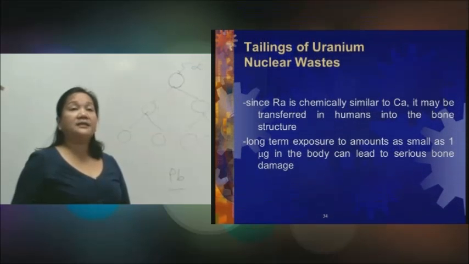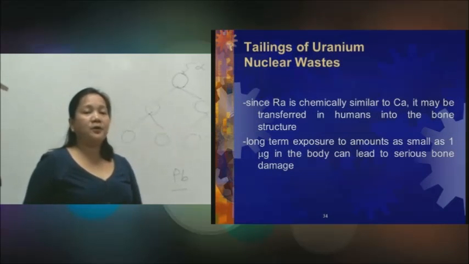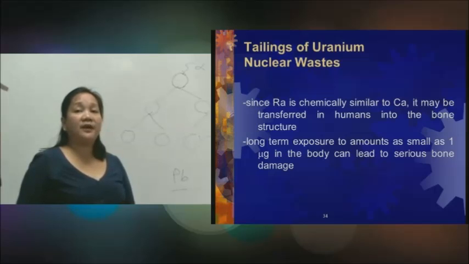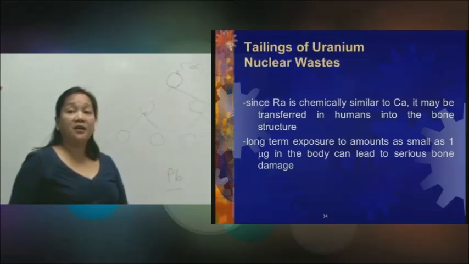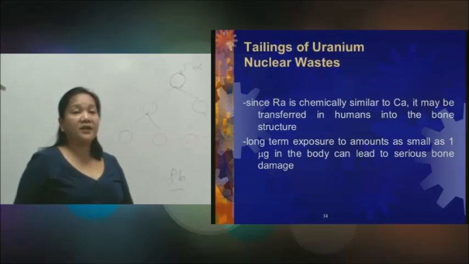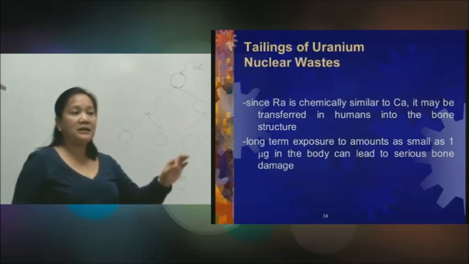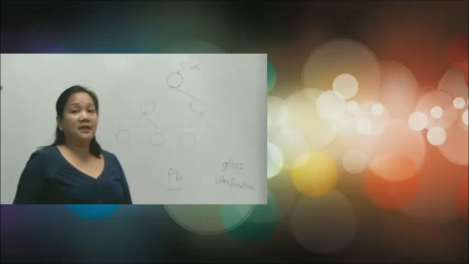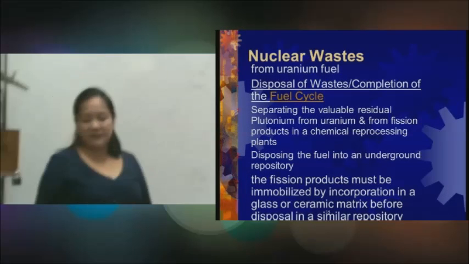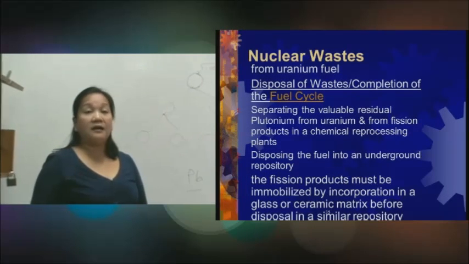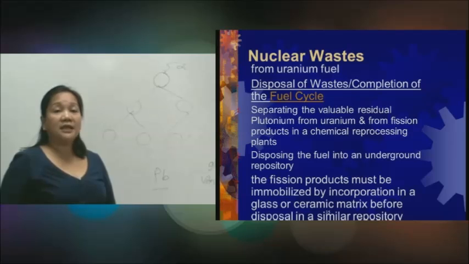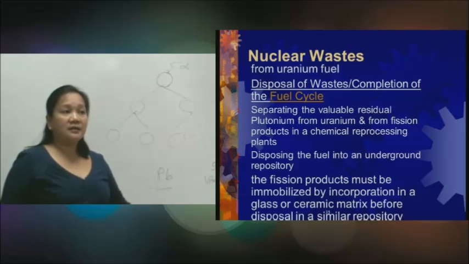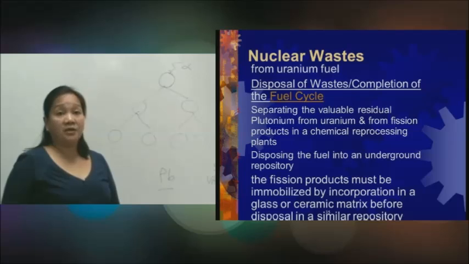Now, I've read from the book that they tried to have these uranium tailings to be fillers for buildings because they thought that the small amounts of this may not affect anyone. But what they have learned is that these fillers have caused cancer to the inhabitants of the buildings which are made up of these fillers.